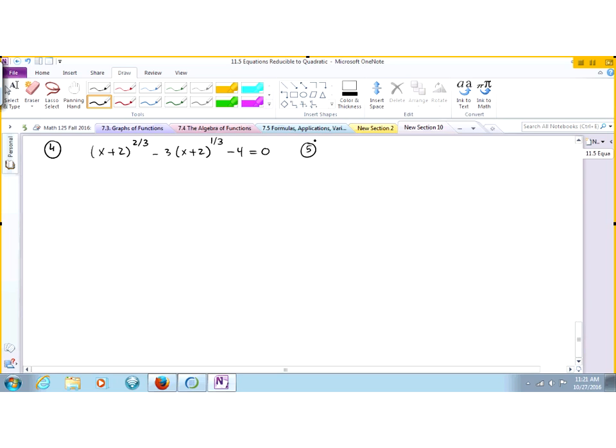And then number 5 is 9 times x plus 2 over x plus 3 squared minus 6 times x plus 2 over x plus 3 plus 1 is equal to 0.